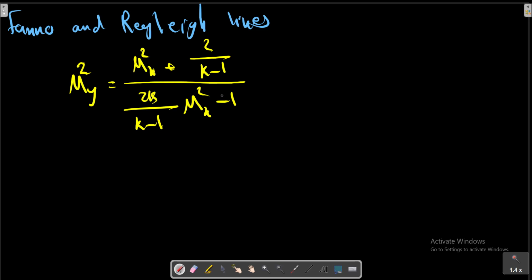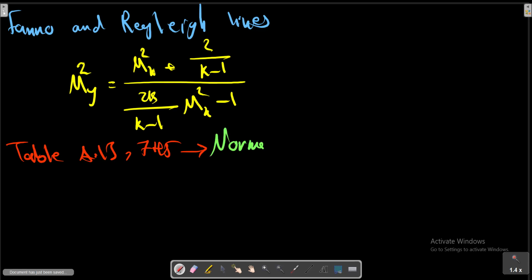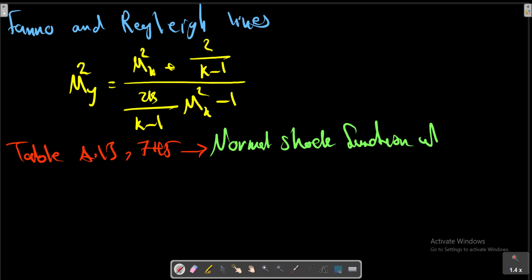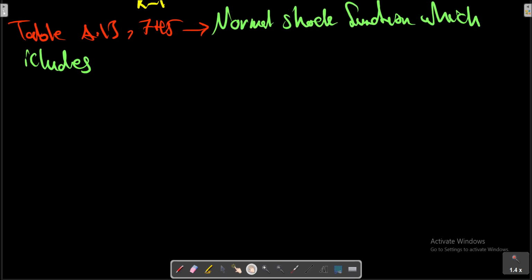Normal shock functions, Table A, gives the normal shock function, which includes My as a function of Mx.